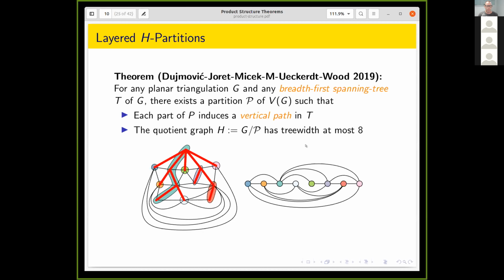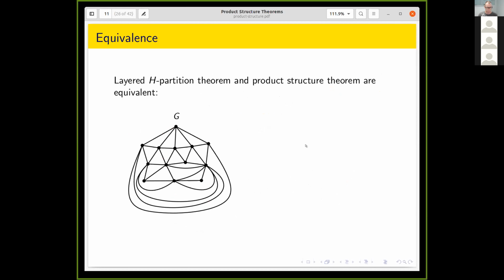And now, what may not be obvious is that this theorem implies the product structure theorem that I mentioned earlier. So let's think about why that's the case. You give me a triangulation, or you give me a planar graph and then augment it into a triangulation.